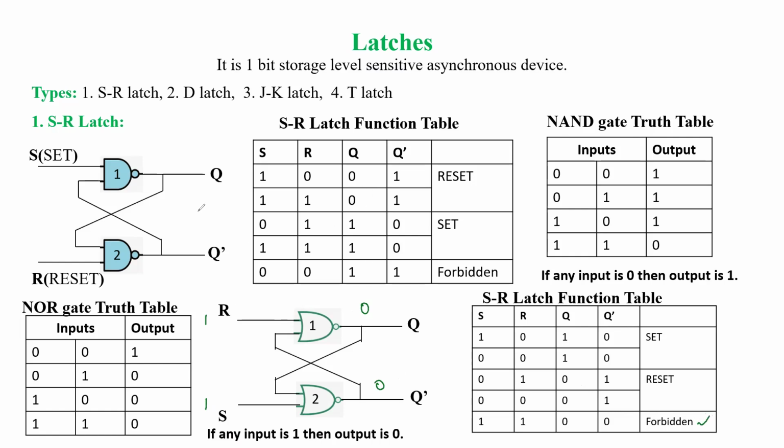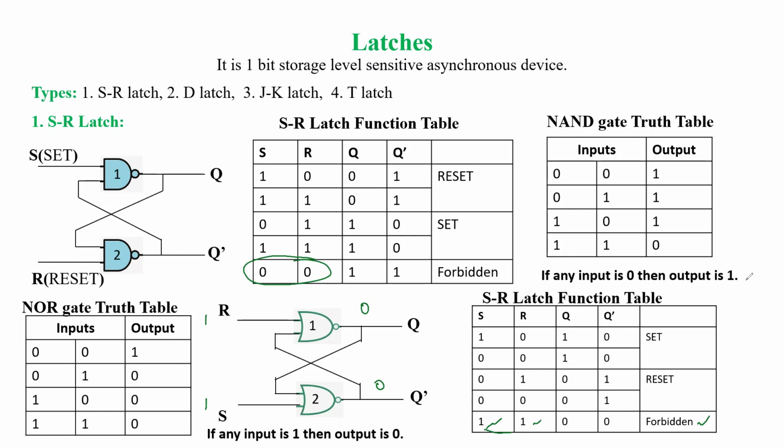We have observed that when designing an SR latch with NAND gates, S and R should not both be 0 at the same time. And when designed with NOR gates, S and R should not both be 1 at the same time. These two are called forbidden conditions. We have to keep that in mind when writing the truth table.